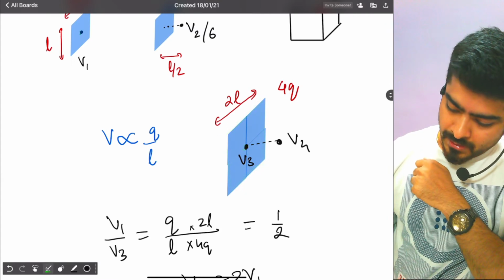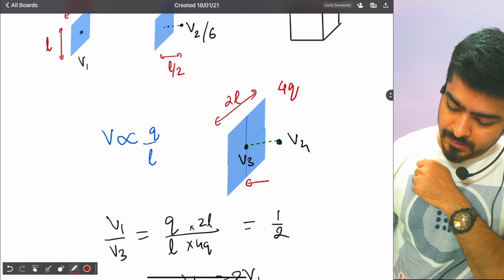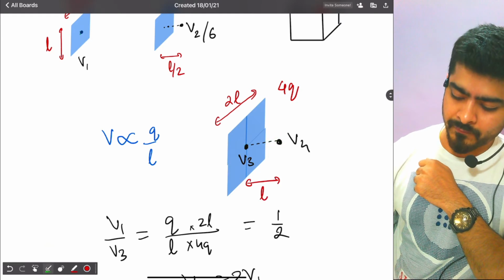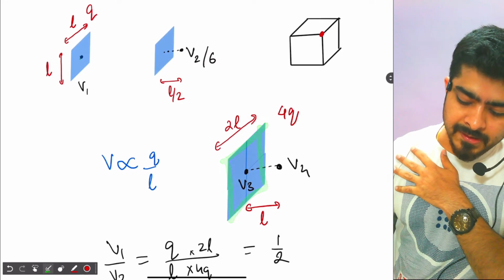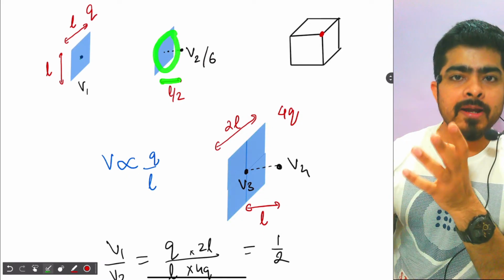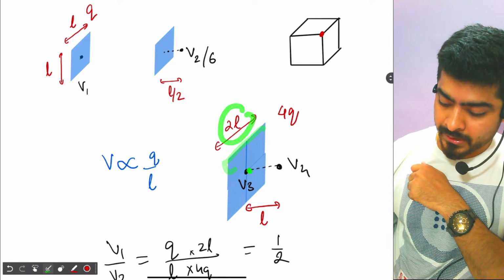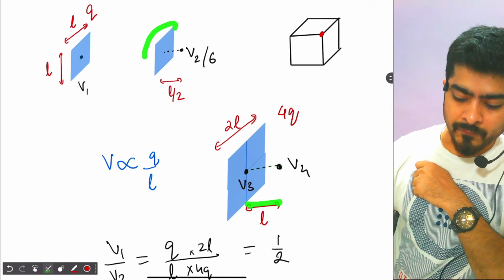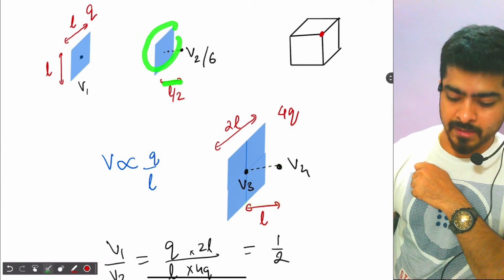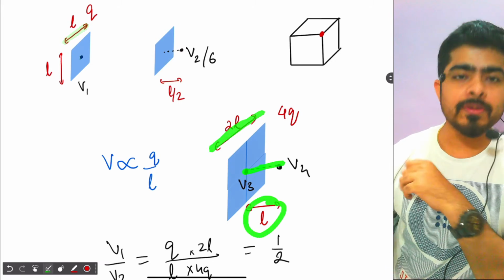Now I am looking at this point V4, which is L distance away from the square plate. For this single square plate, we are looking at distance L by 2. So for the square plate of double the length, we are looking at distance L. For the smaller plate, we have distance L by 2, length is L. Now we have length 2L, so this distance should also be doubled.